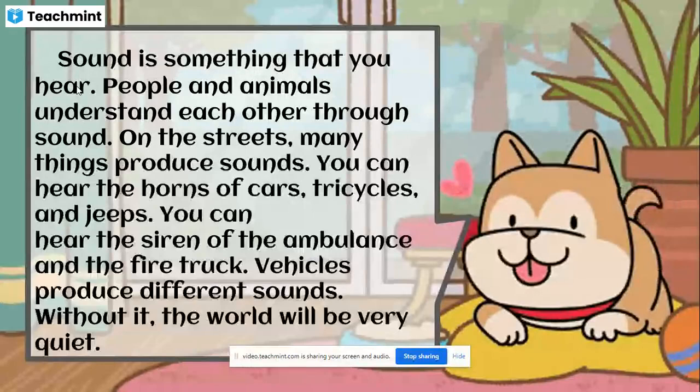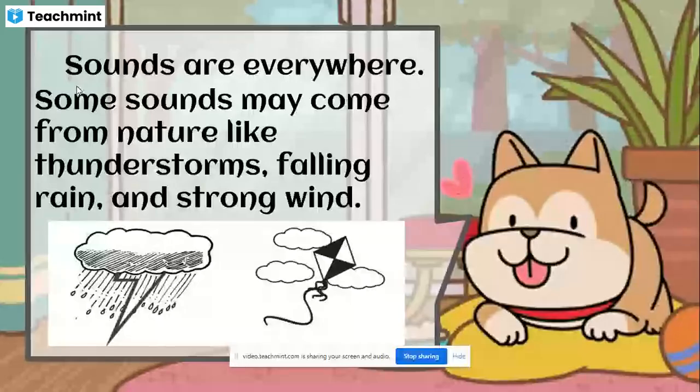All right. Now, Sophia, will you please read this one? Go. Sounds are everywhere. Some sounds may come from nature, like thunderstorms, falling rain, and strong wind. All right. So you try to analyze the picture here. Sounds are everywhere.